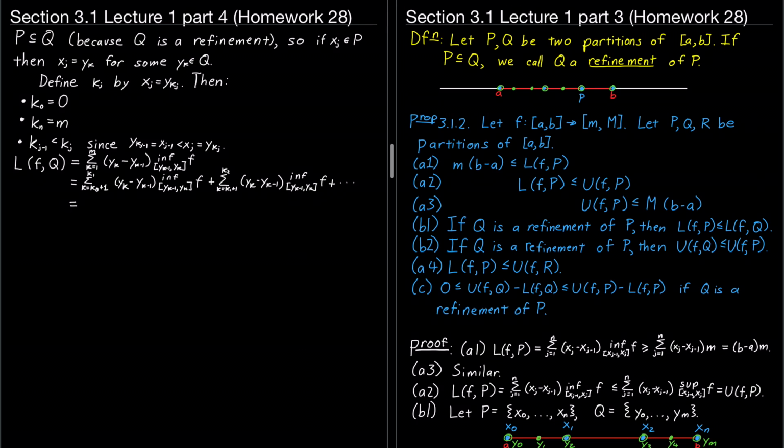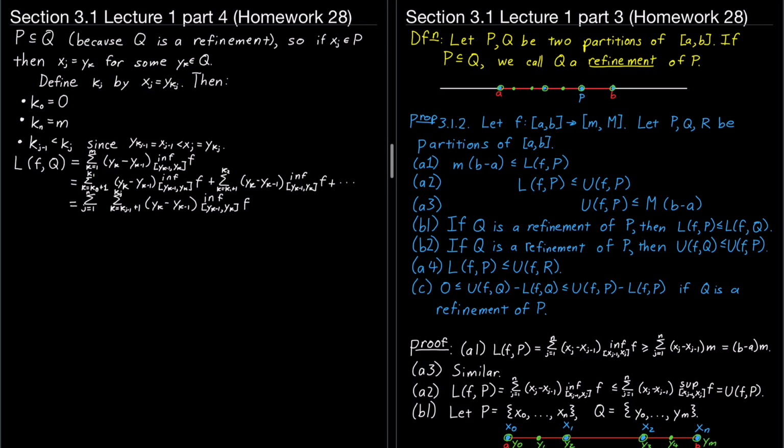This first thing I wrote down, we're going to call that the j equals 1 term. So we start from k equals k_{j-1} plus 1. We go up to k_j. Then we've got a y_k minus y_{k-1}. Then we've got an infimum. The things we're summing are exactly as usual, but now it's from j equals 1 to n.